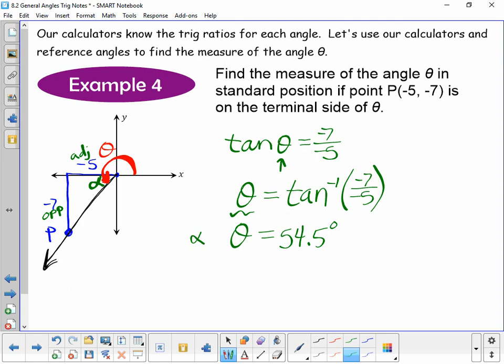So we know that this angle is 54.5 degrees. To figure out what theta is, we've got to think about how to get theta from that reference angle. Theta has 180 degrees of rotation here, and then it has 54 more. So we just need to add that 180 degrees to this reference angle to find out what theta really is.